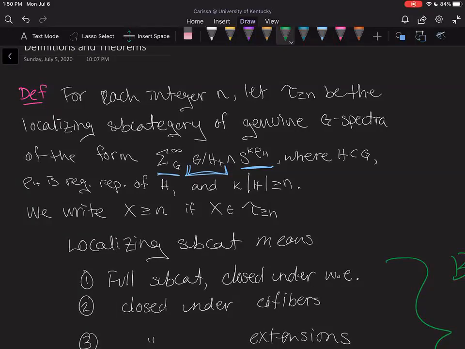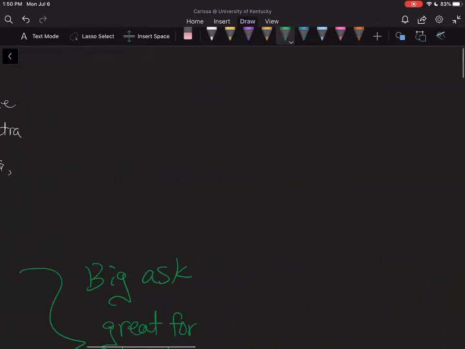The non-equivariant, one way to think about this is that you have the filtration, which is a filtration of a non-equivariant spectrum. And then in each level, you build your spectrum by the homotopy.